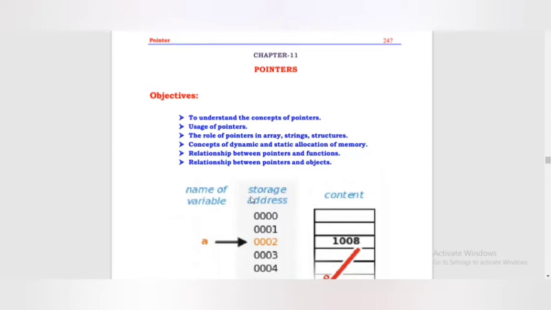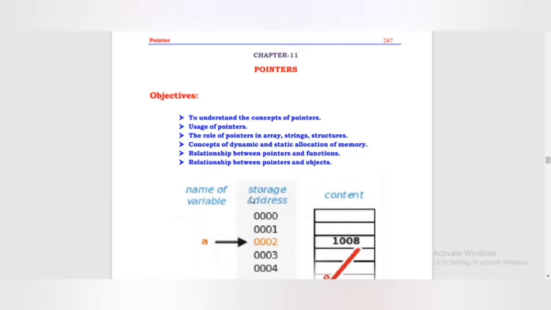Those are all the important steps that we need to carry out while writing a program. What was the first thing? First we need to include the header files which are necessary for that program. After including all the header files, we need to declare the variables.